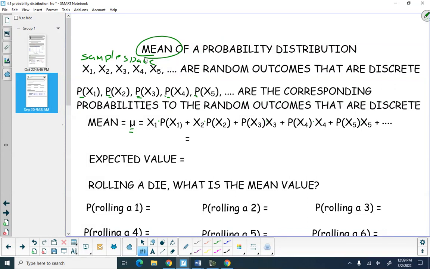So to calculate our mean, we take our outcome and multiply it by its corresponding probability, which is sigma x times probability of x. So we have the sum of the outcome times the probability of that outcome. We take the outcome and multiply it by its probability.